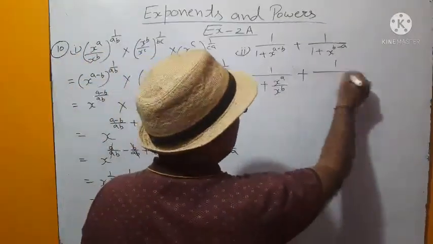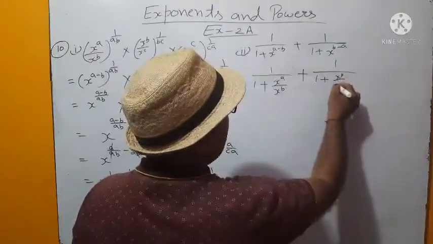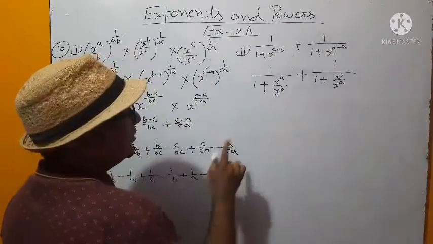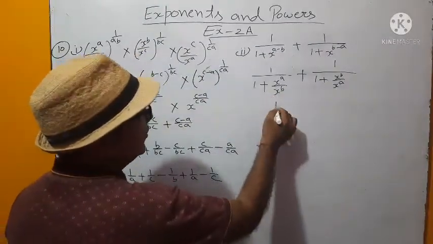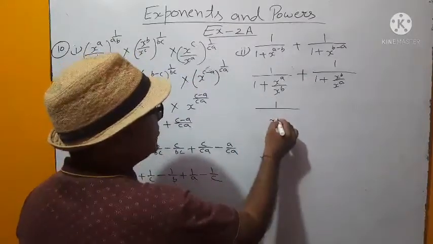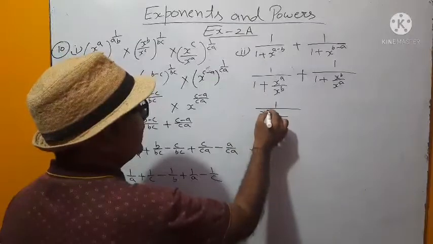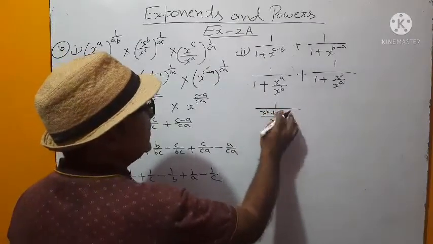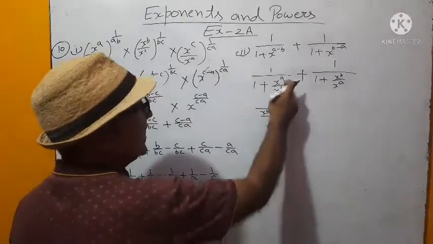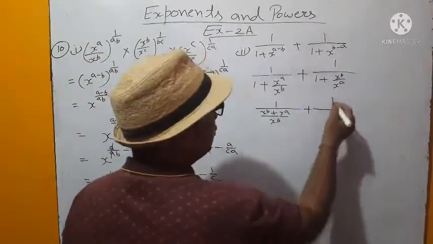Same here also, 1 upon 1 plus x power b upon x power a. Now after this, take the LCM here. 1 upon, when you take the LCM here, x power b is multiplied by 1 becomes x power b plus, here x power b is cancelling, x power a is remaining plus. Same do here also.